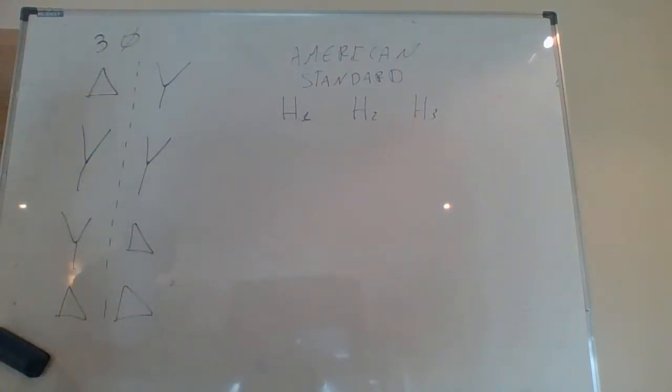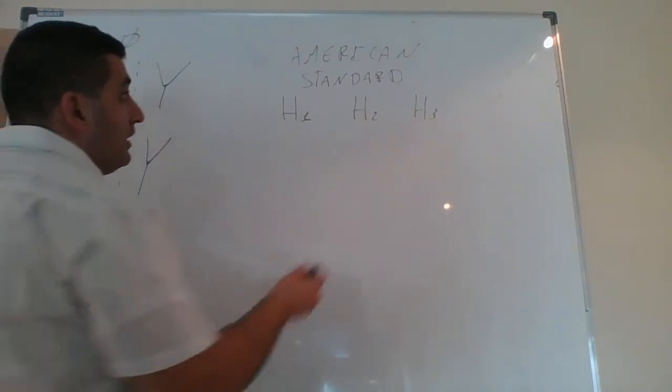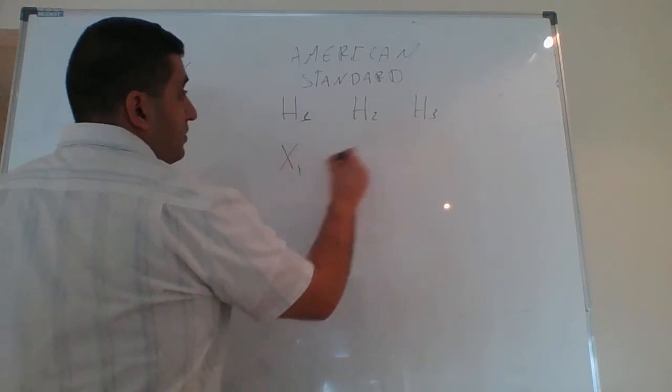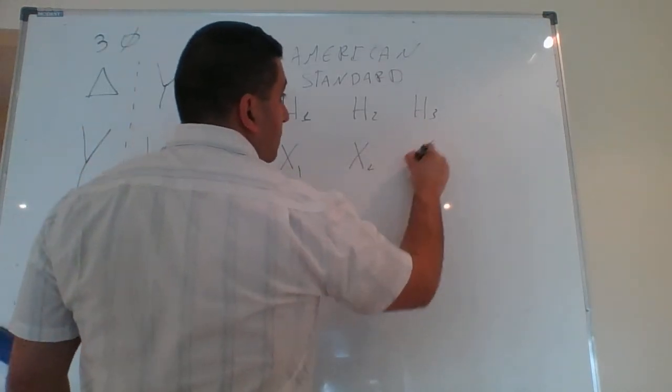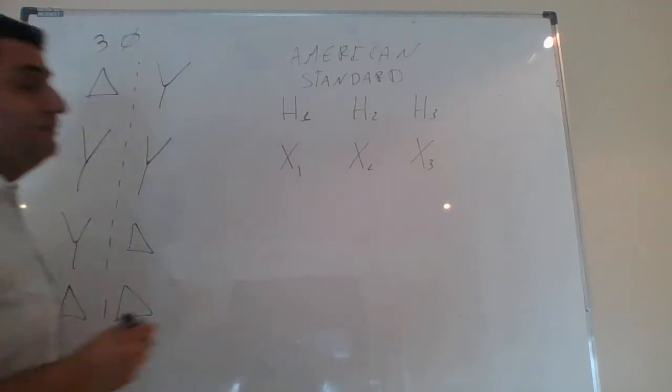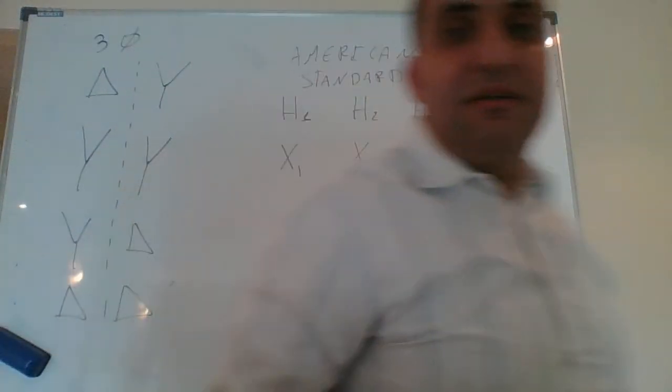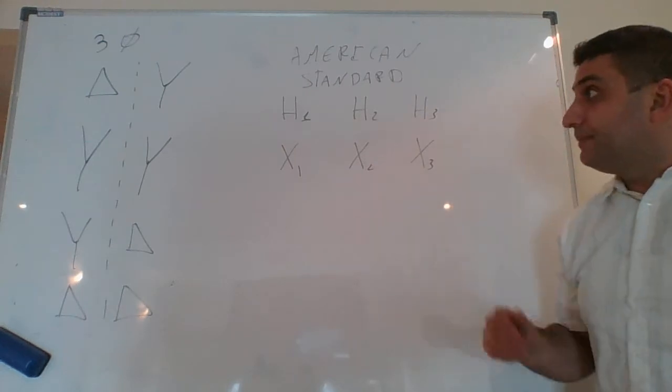These are the notations for the high voltage side of the transformer terminals. On the low voltage side of the transformer terminals, the notation is X1, X2, and X3. These are the notations under the American standard.